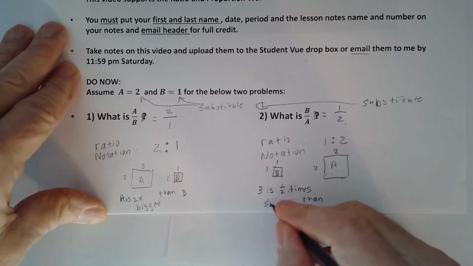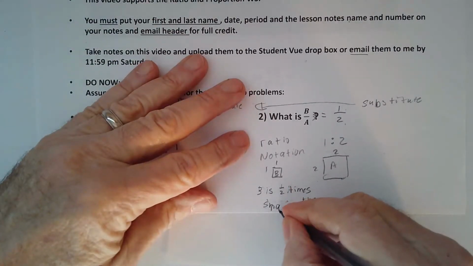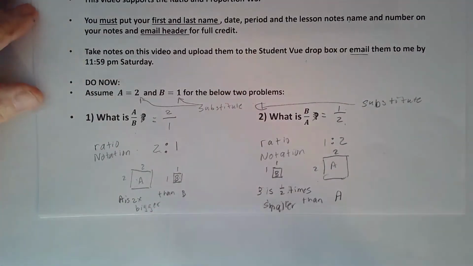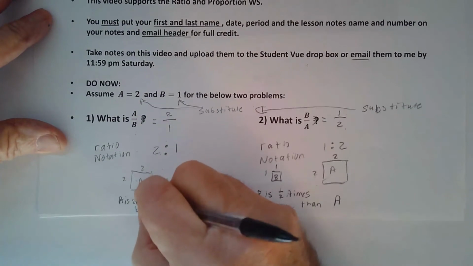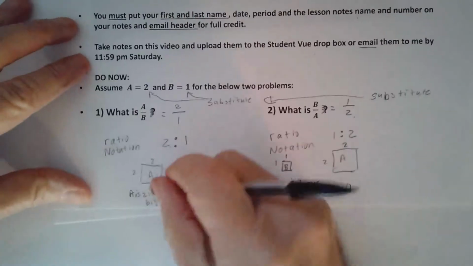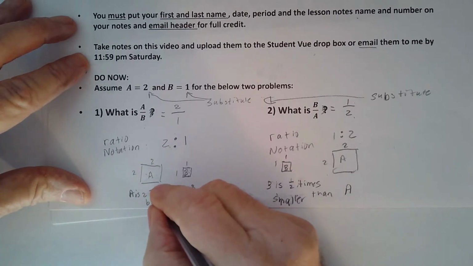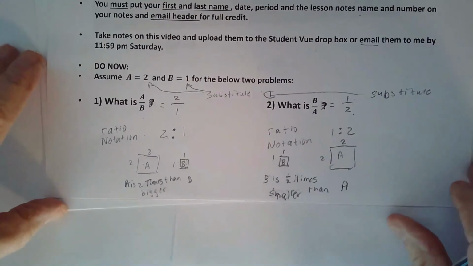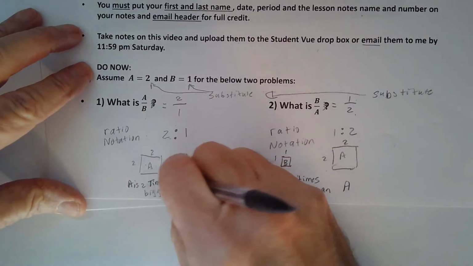Because it's smaller than A. Okay? So, and I'll change this x to 2 times. So 2 times. All right? Move this over a minute.